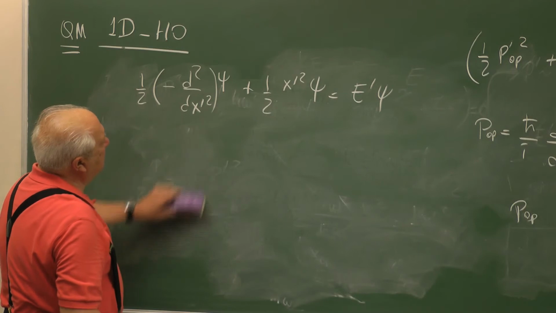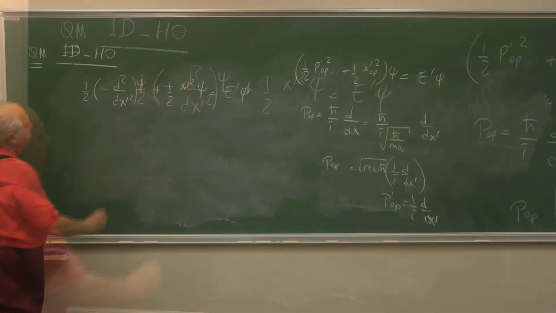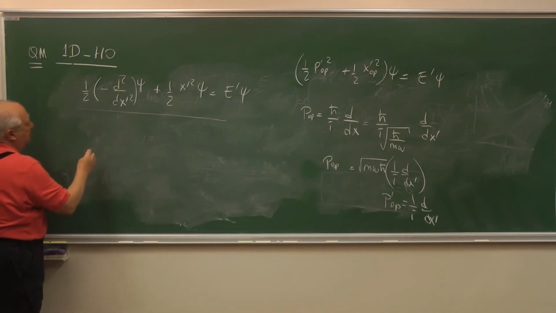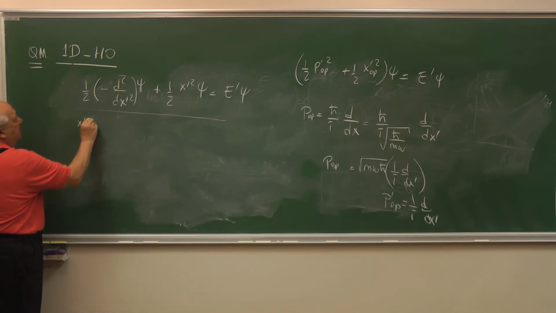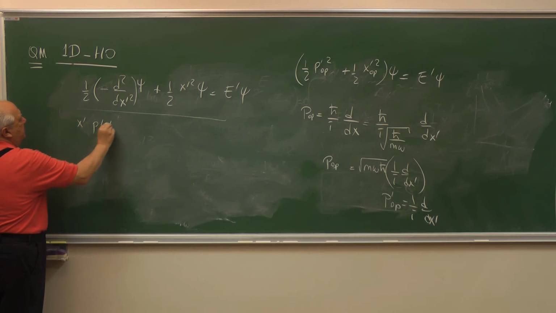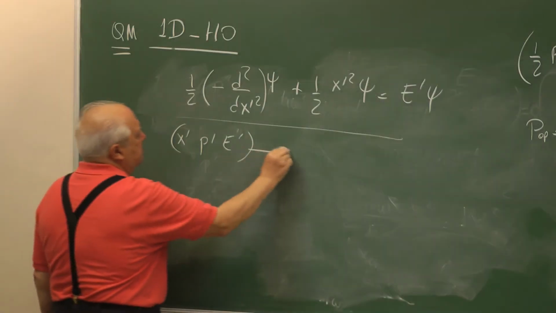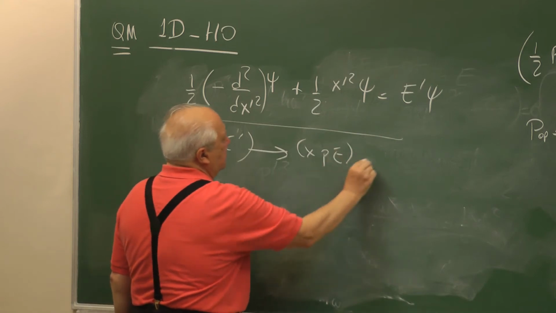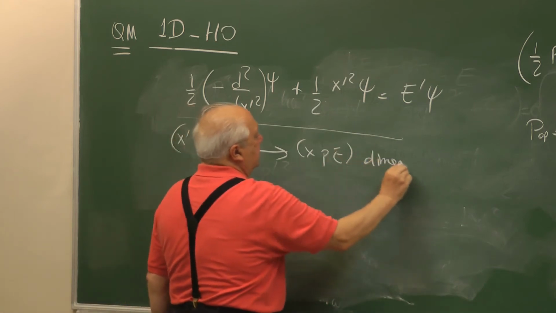Now that everything is in dimensionless form, rather than writing prime every time, we will simply write x, p, e, but remember that it is dimensionless.